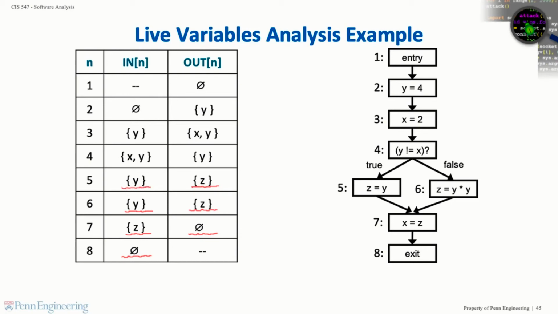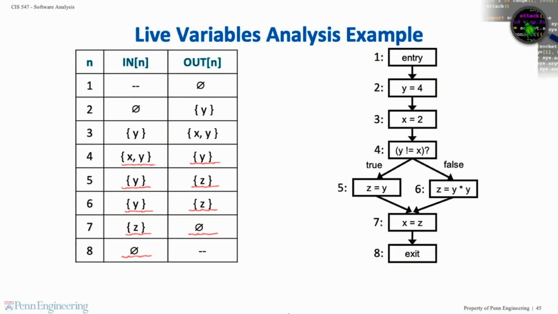Next, we have the condition node 4. Its out set is Y, the union of the in sets of nodes 5 and 6. It uses both Y and X without redefining any variables, so its in set contains both X and Y.